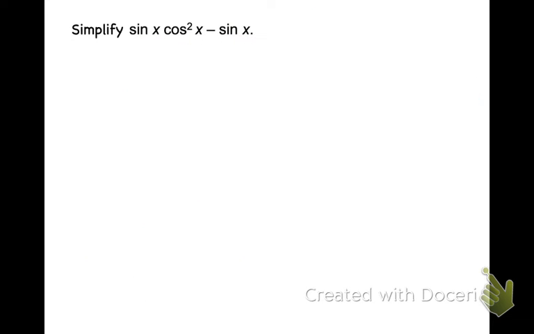Okay, it says simplify sine of x cosine squared of x minus sine of x. So that means getting it down to one function, sine or cosine. So when I do this, I need to think about an identity that has sine and cosine in it.